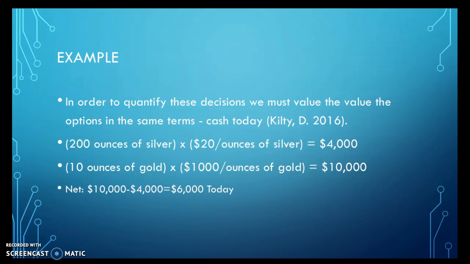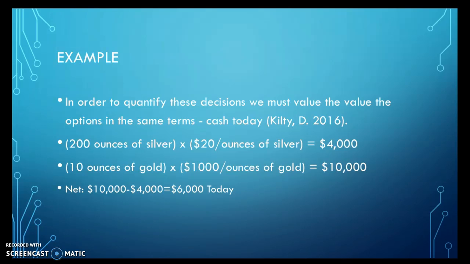So when looking at the silver, the manufacturer has 200 ounces of silver, which has a current market price of $20 per ounce. So the equation is shown there. And gold, 10 ounces of gold at $1,000 an ounce.